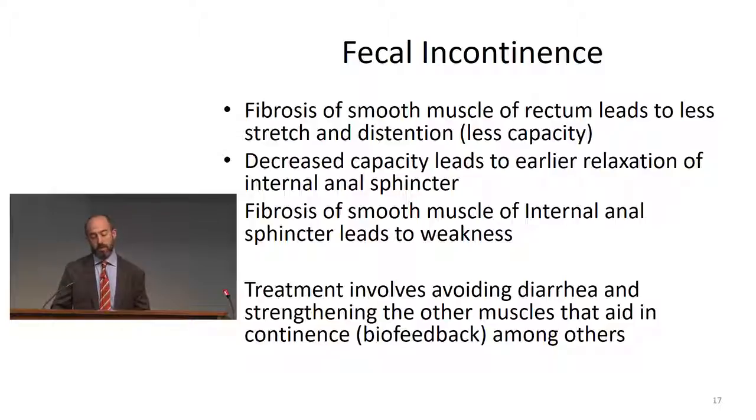And the treatment in these cases involves avoiding diarrhea, which is much harder to control than solid stool. And when you have things like bacterial overgrowth, you already have a predisposition to diarrhea, and so a struggle there. And then by strengthening the other muscles that aid continence, specifically the external anal sphincter.